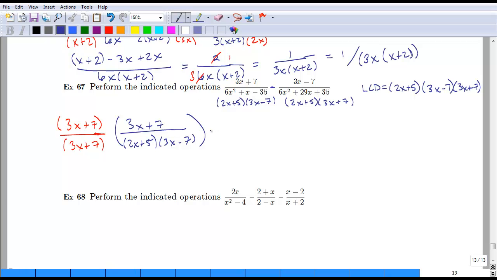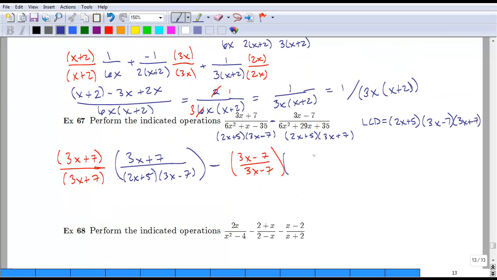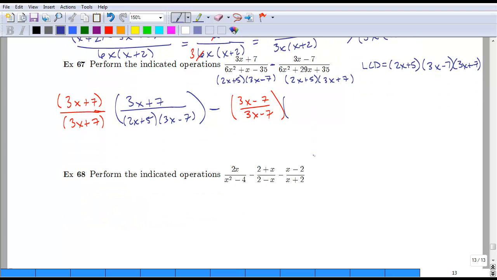The second term is subtraction here. You have the option of bringing that up top if you want to. In this case, we need a 3x minus 7 over 3x minus 7. And we still have our 3x minus 7 that we started with times the denominator 2x plus 5, 3x plus 7.